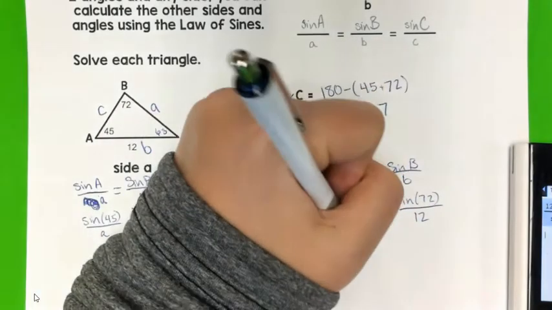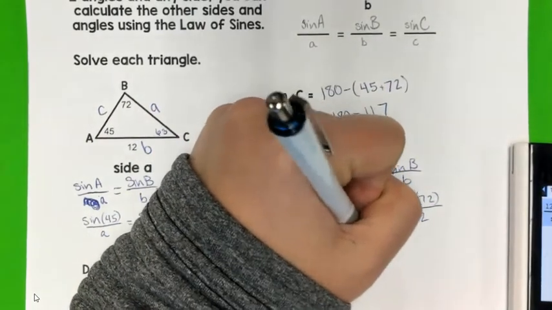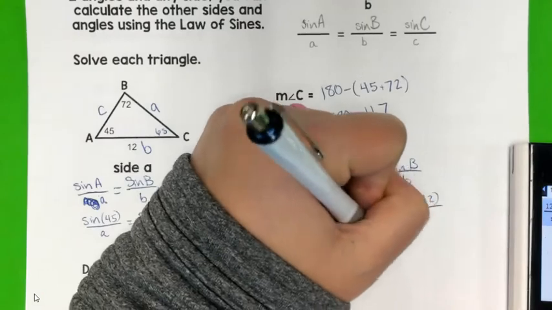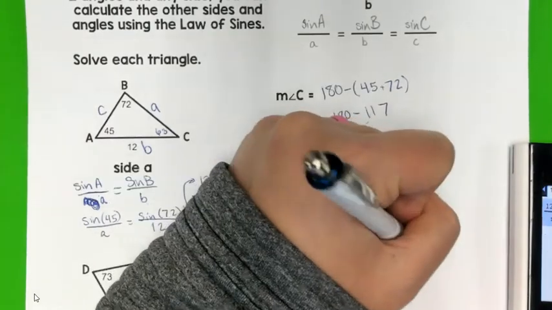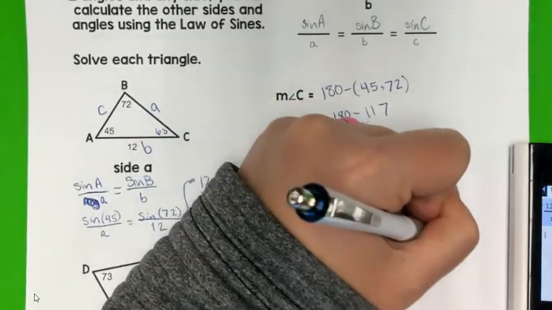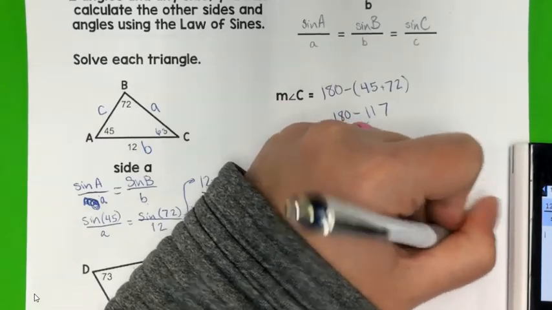And then I want to cross multiply: C times sine of 72 equals 12 times sine of 63.